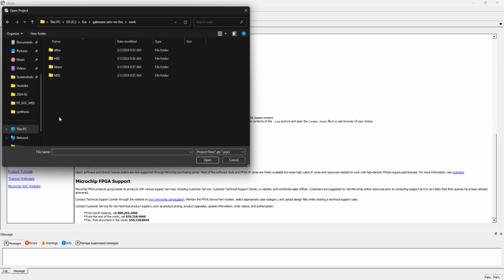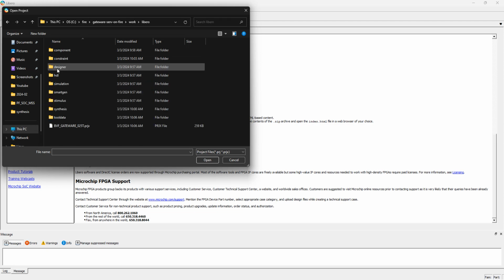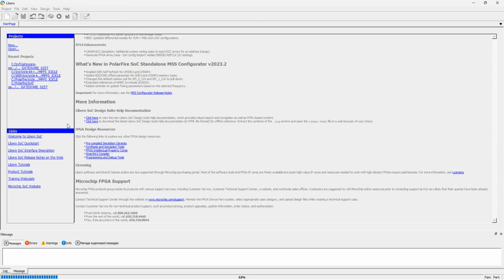Libero. Double click. There's 3 dots. All right. And so this is loading the design.